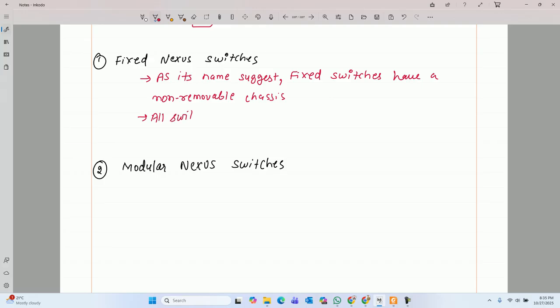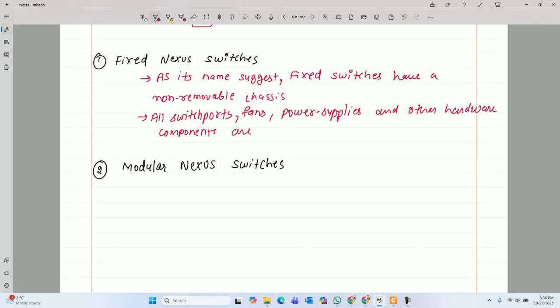All switch ports, fans, power supplies and other hardware components are present within a single unit.